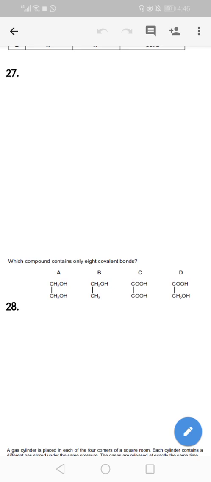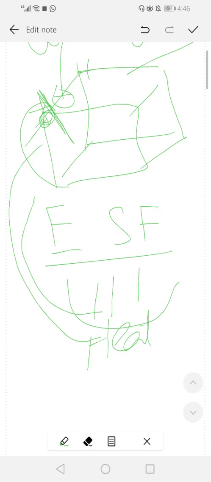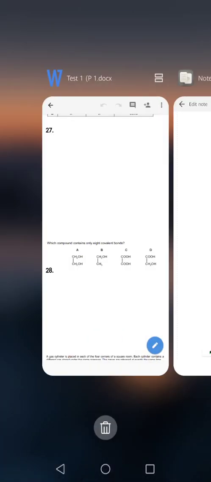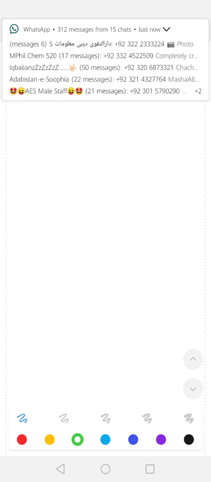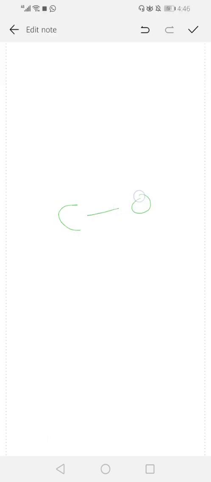In the first example, carbon has valency 4.